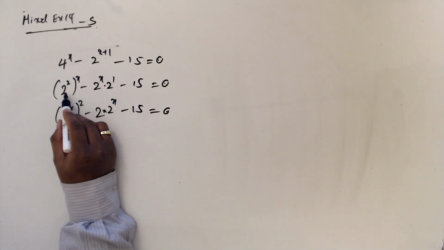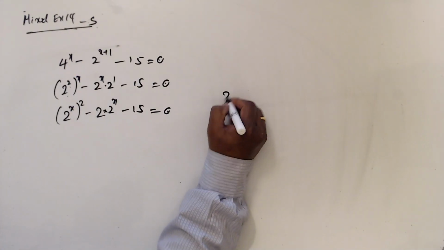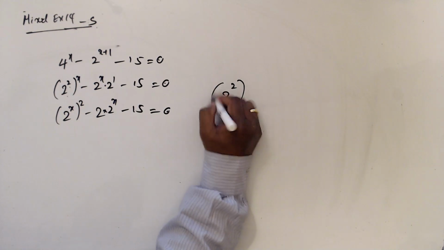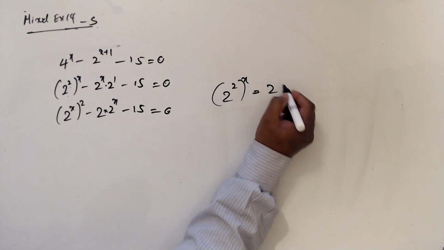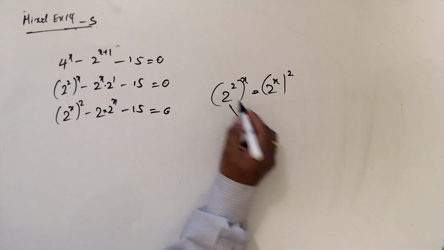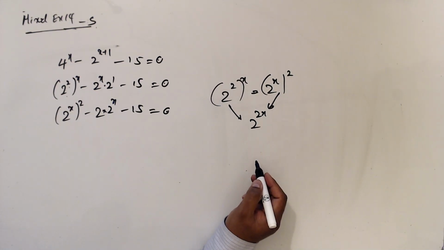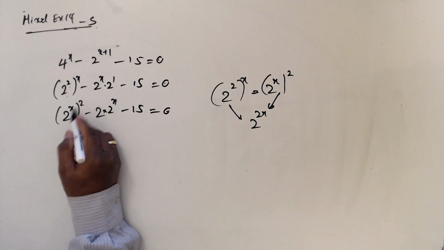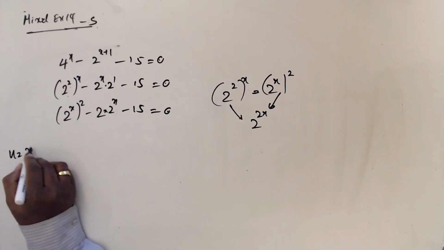You can see that I will show you, this is 2 to the power 2x. I can write 2 to the power x squared because 2 to the power 2x is the same. That's why I switch this one, and then u equals 2 to the power x.